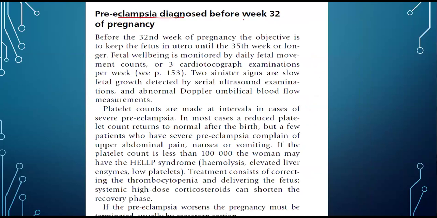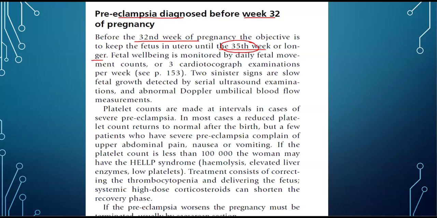Preeclampsia diagnosed before 32 weeks of pregnancy: the objective is to keep the fetus in utero until at least 35 weeks or longer, because by the time the baby is 35 weeks, the lung will be mature enough. So for preeclampsia patients who are diagnosed before 32 weeks, your best choice would be to prolong the pregnancy, if you can, up to term. If you can't, then at least up to 35.